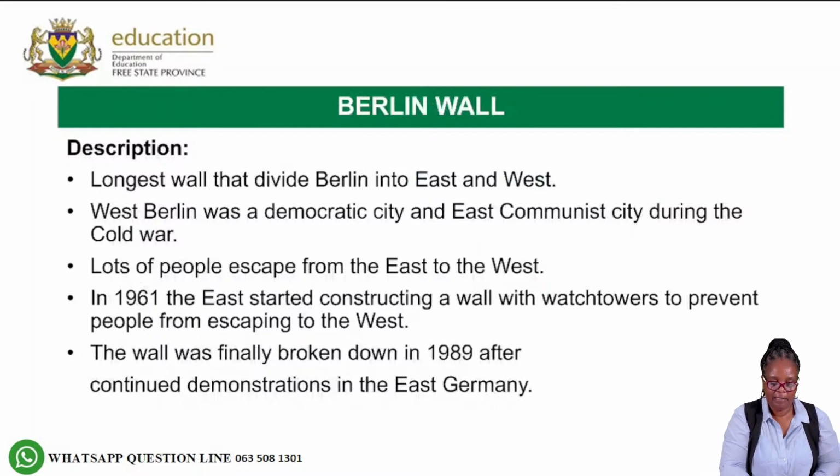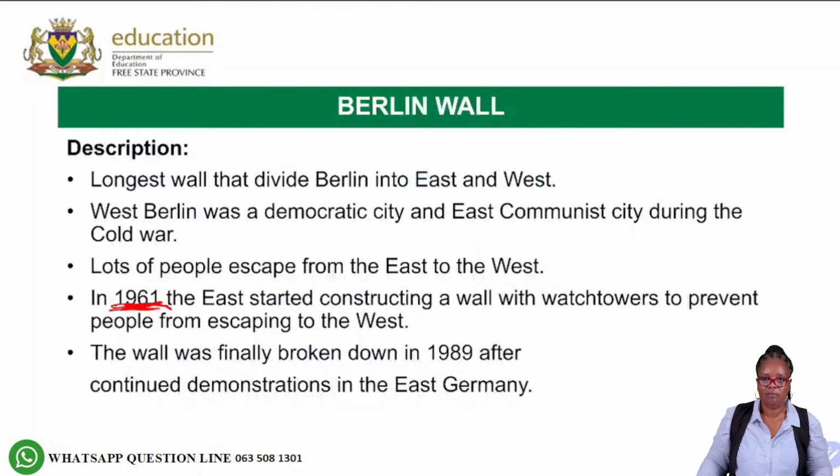Only in 1961, the east started constructing a wall. 1961. Why did they do this? Why did they construct the wall? They constructed the wall because they were trying to stop its citizens from leaving the east and going to the west.